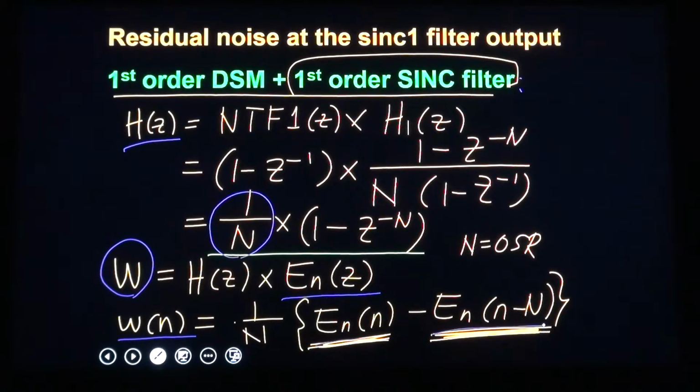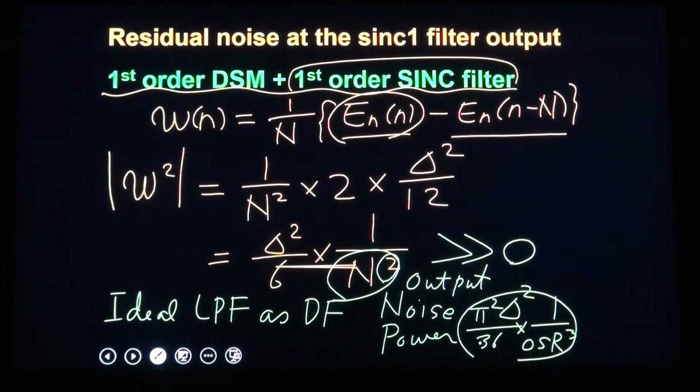I assume this is white noise, and for white noise in the time domain, it's an impulse. So we have some noise impulse here. Then what's the output noise power? This is 1 over n square, and this noise power and this noise power are independent of each other, so it's just twice the noise power.